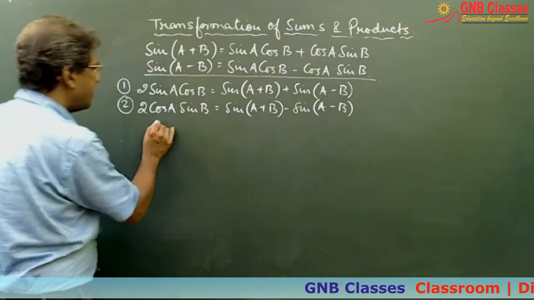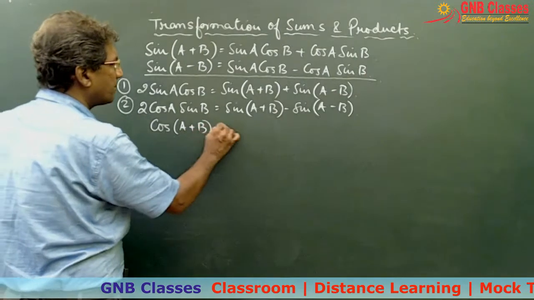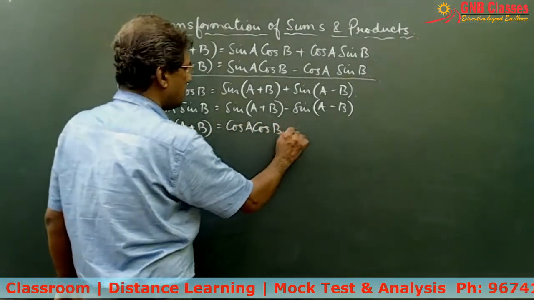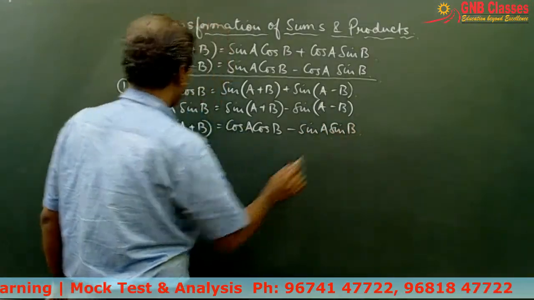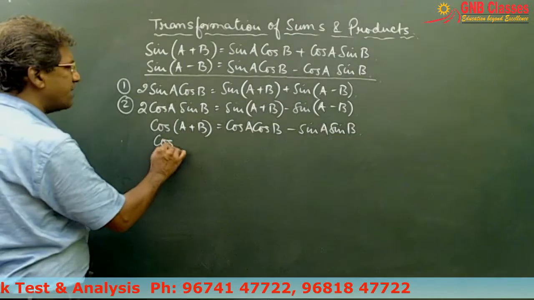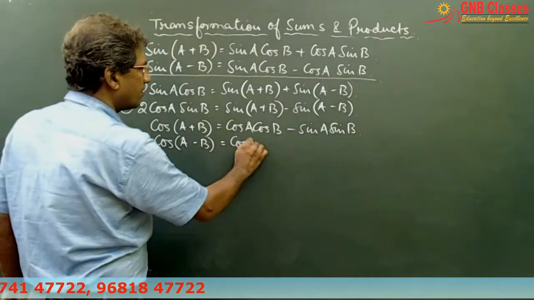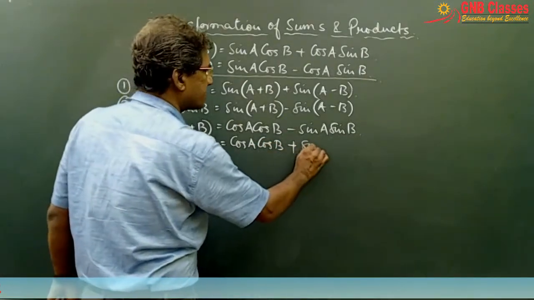Now, we have already learned that cos A plus B is cos A cos B minus sine A sine B, and we have learned cos A minus B as cos A cos B plus sine A sine B, right?